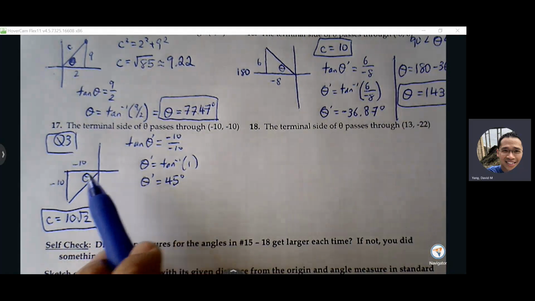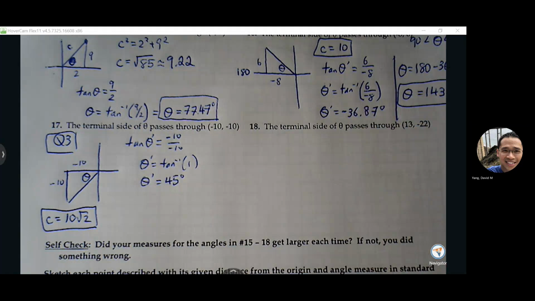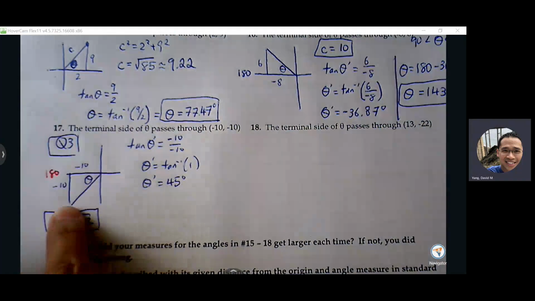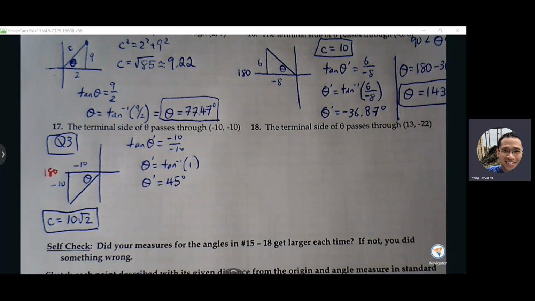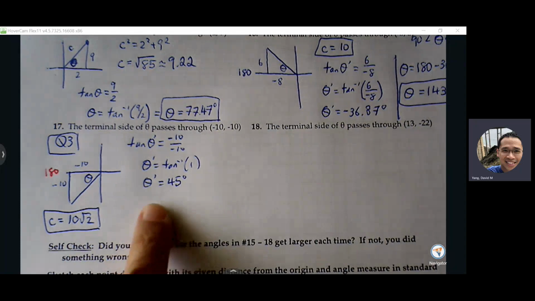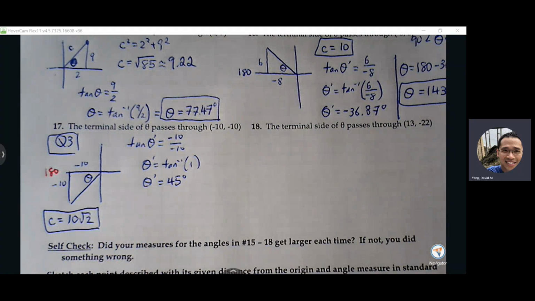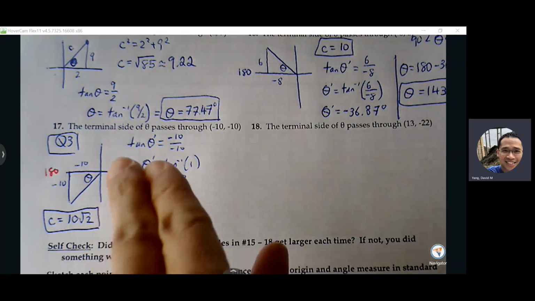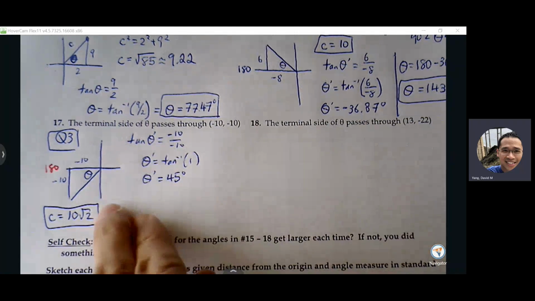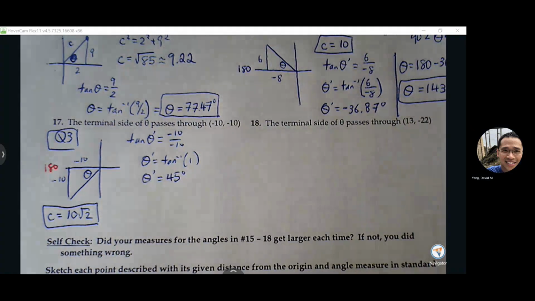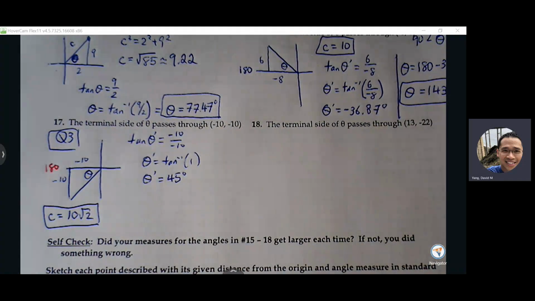So what do I do to get there? Plus 180. Yep, 180 plus 45 will get me to that third quadrant. Now, whenever we're dealing with these measures, we're only starting from either 180 or 360, right? We never do reference angles from 90 or 270. We always are looking at those measures from the x-axis standpoint.